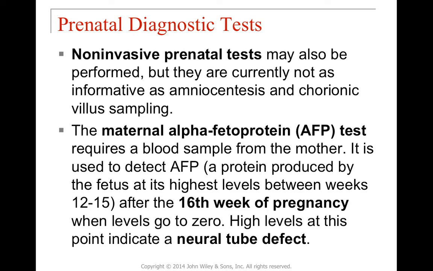Another way that we're able to check on the status of the pregnancy is by checking AFP. Maternal AFP levels are indicative of a neural tube defect if they are too high. So this might indicate an issue with neurulation or with spinal column formation.